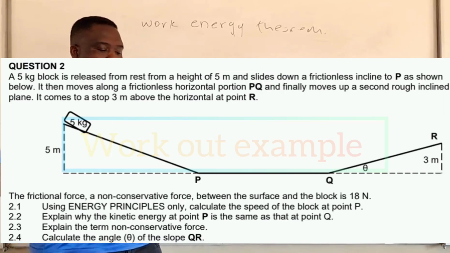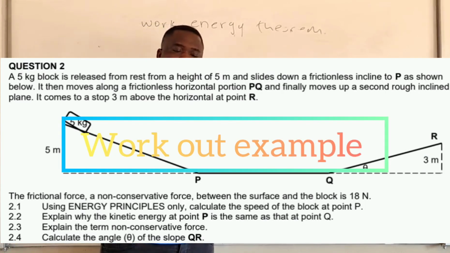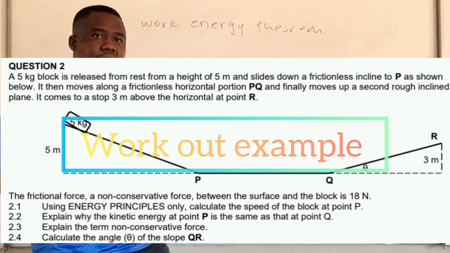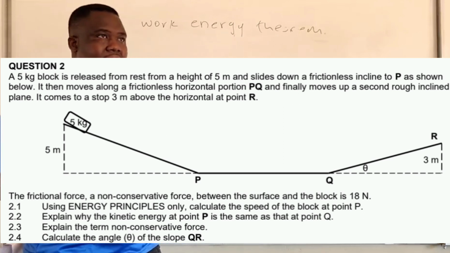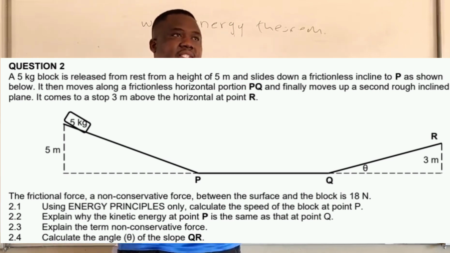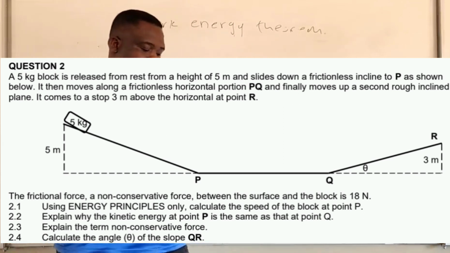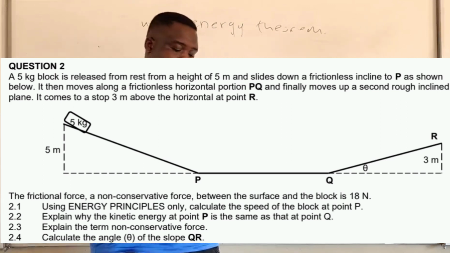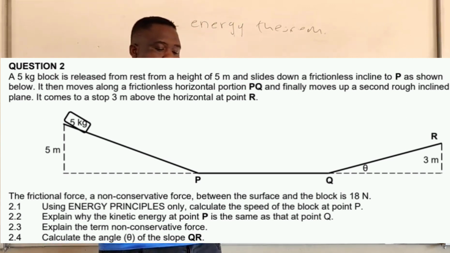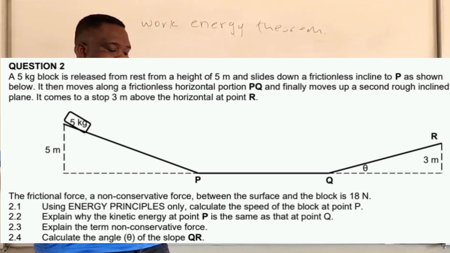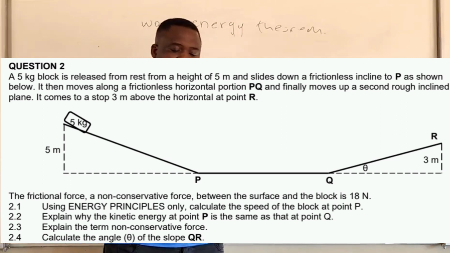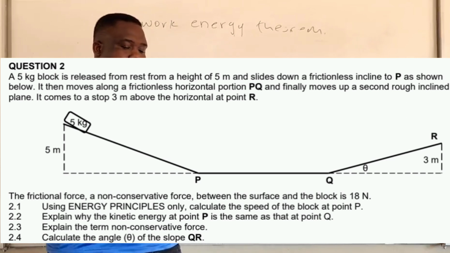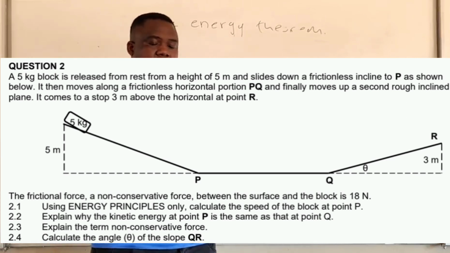3 meters above the horizontal at point R. You can see the question that is appearing on your screen. So we are going to take 2.1, which reads: the frictional force, a non-conservative force between the surface and the block, is 18 Newton.